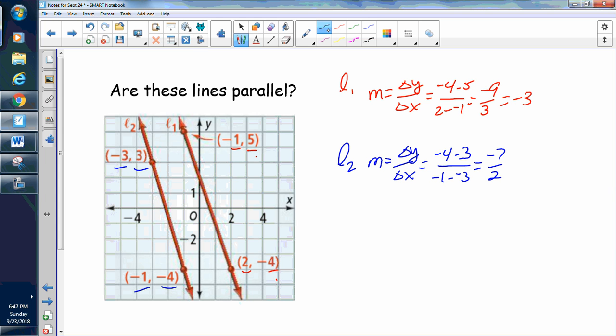In this case, their slopes are not equal. So that means the lines are not parallel. Simple as that. To be parallel, they both had to have the same slope. They both had to be negative 3, or they both had to be negative 7 halves. So if you have some points or coordinates, it's easy for you to tell.